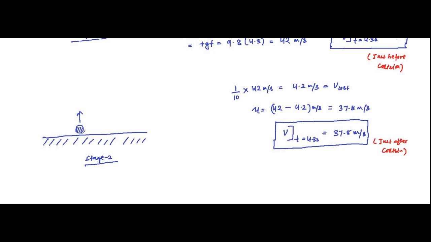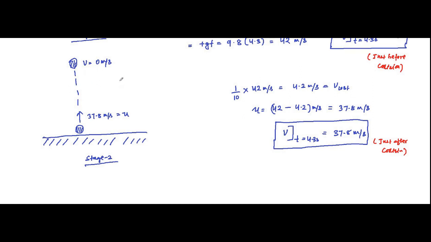Now this ball, after striking the ground with a velocity of 37.8 meters per second, which is the new initial velocity, will move upwards up to a certain height where it will come to rest, which is the final velocity, 0 meters per second. We are not interested in finding the height because it is not asked in the question.